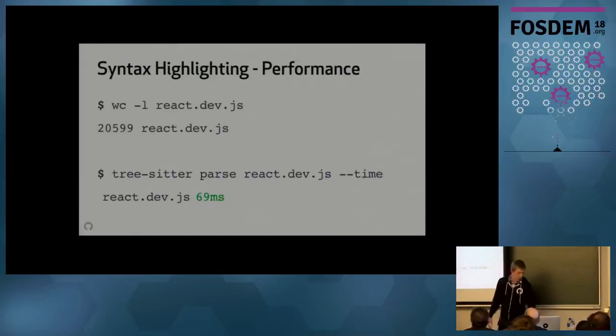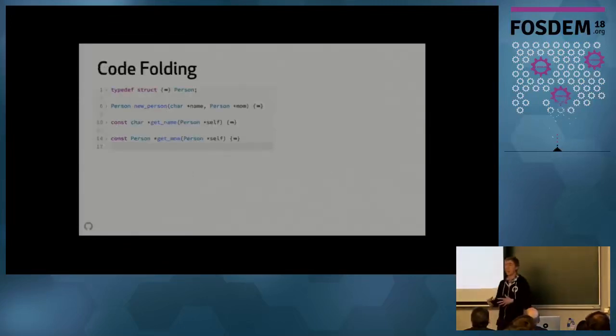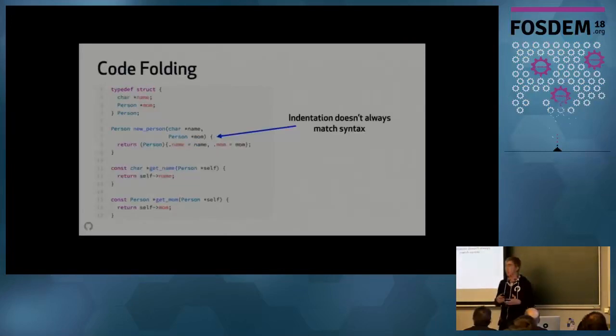So aside from syntax highlighting, I've also re-implemented Atom's code folding system to use the syntax trees provided by Tree-sitter. As you might be aware, in most text editors, code folding was based on some combination of regexes, but often indentation.